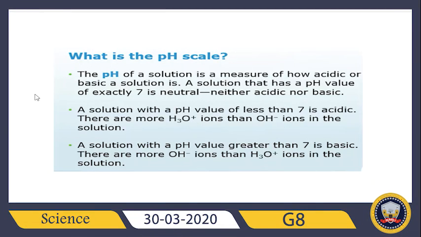In basic solution, while the blue litmus paper will change its color into red in acidic solution. So the litmus paper is useful as an indicator to identify which solution is acidic and which is basic, but it will not identify how strong a certain acid or base is.